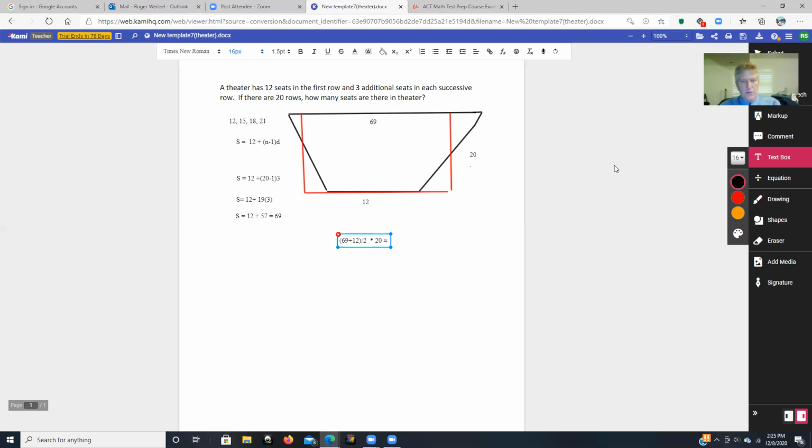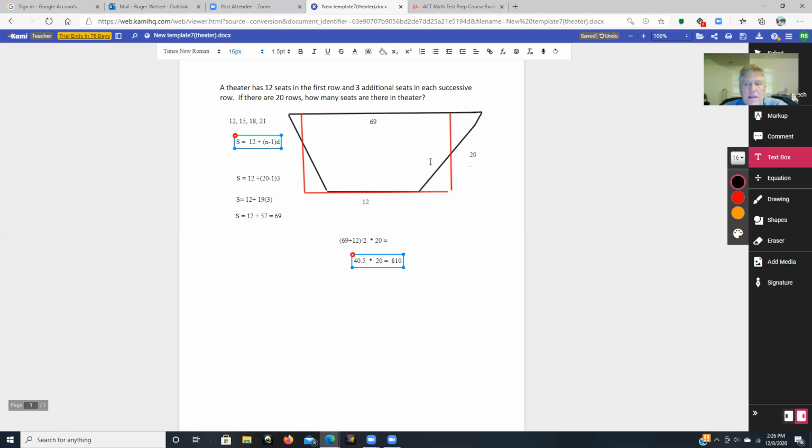So what are we going to get with that? We're going to get 69 plus 12 is equal to 81. Divided by 2, we're going to get 40.5, and that's going to be times 20 rows, and that is going to equal 810.